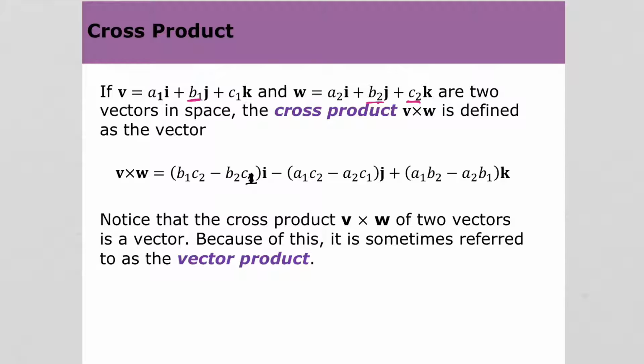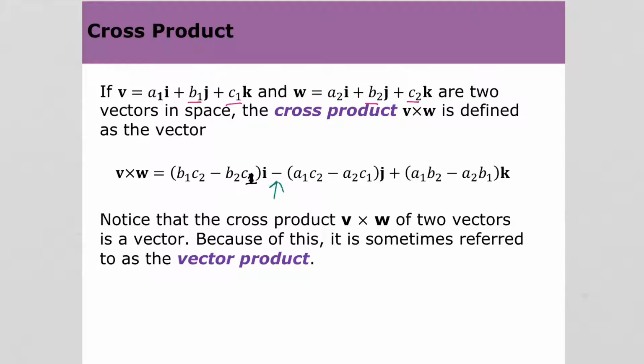So, let's start over. B sub 1 times C sub 2 minus B sub 2 times C sub 1. Okay? Hoping you'll start to see a little bit of a pattern here. And there's an easier way to do the cross product that we'll look at in a minute. Well, I don't know if it's easier, but it's a little more straightforward about not having to memorize this.